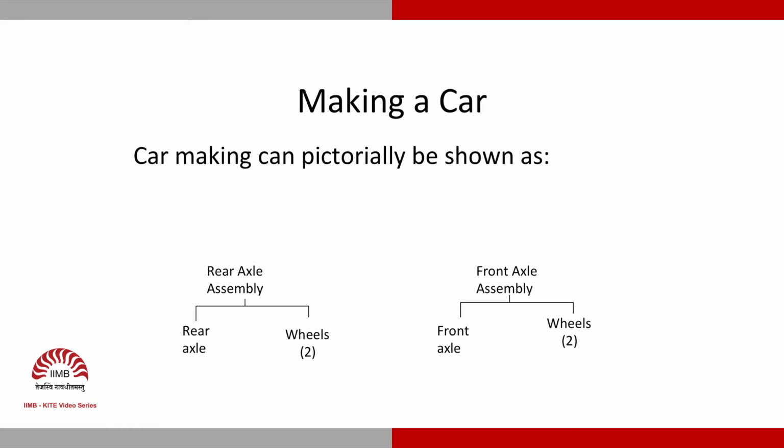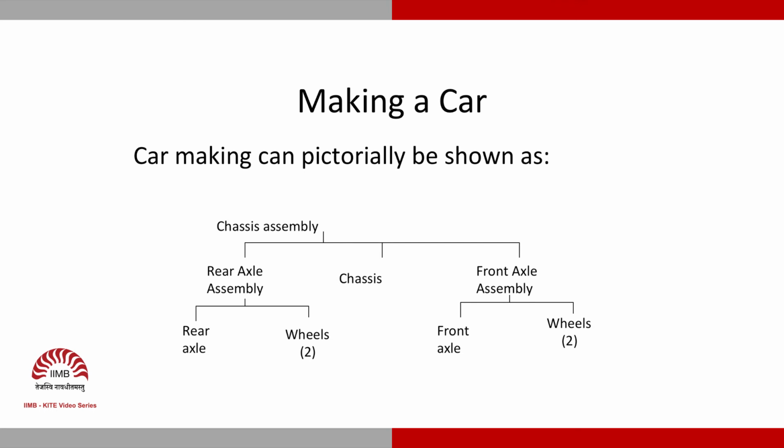Now, we have a rear axle and a front axle. Now, what is required? I have to put a chassis so that these axles can be put together. So, I bring the chassis. These 3 put together, what did I get? A chassis assembly. So, what is it we have now? A chassis, a rear axle with 2 wheels and a front axle with 2 wheels.